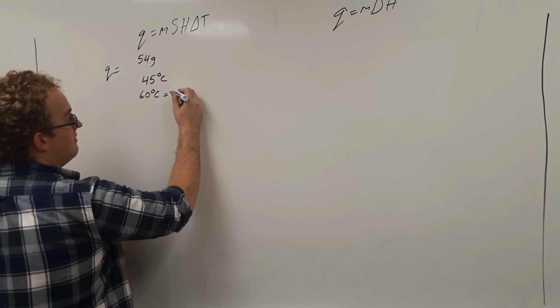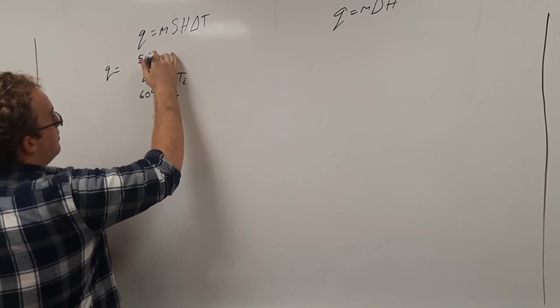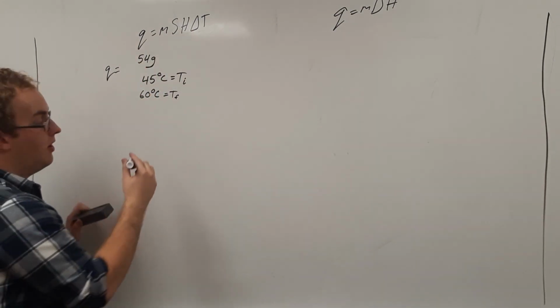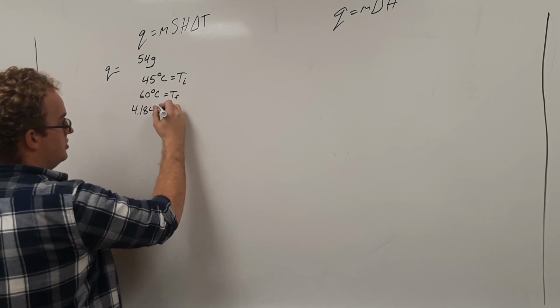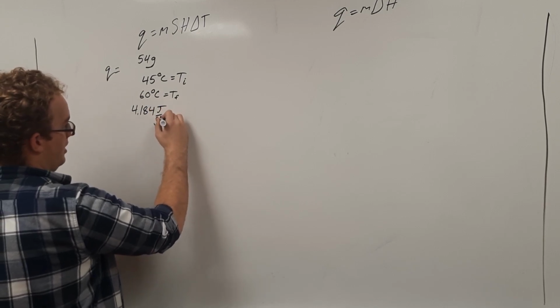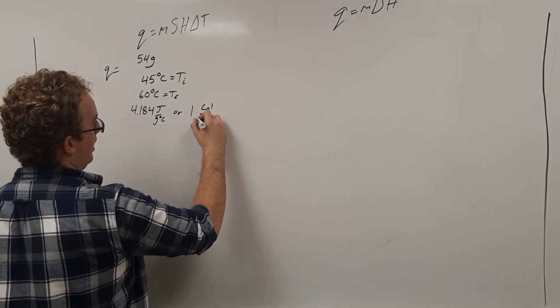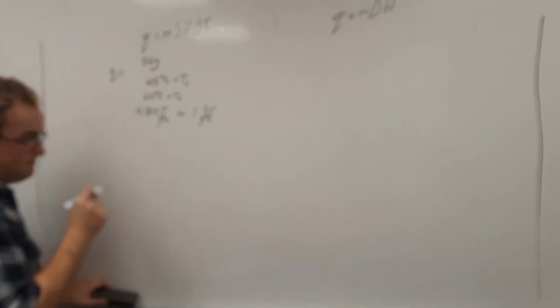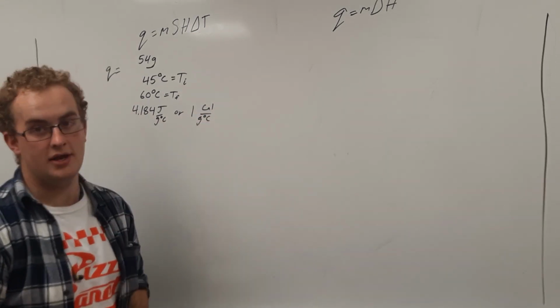I'll say this is T final and this is T initial. And then we also just know that the specific heat of water is either 4.184 joules per gram degree Celsius, or it's 1 calorie per gram degrees Celsius. Just make sure you use the right specific heat value depending on what units they want in your answer.